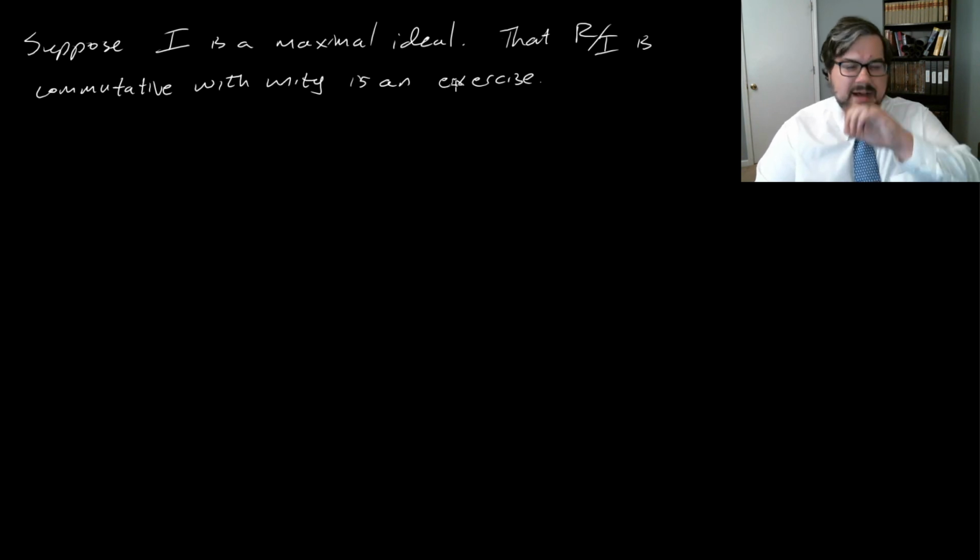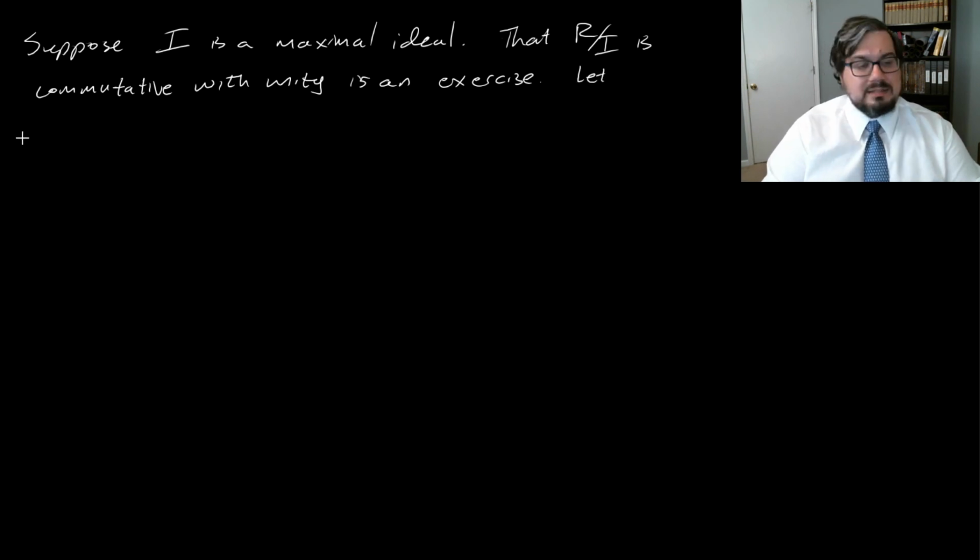And so the only thing that we have left to show is that every non-zero element of R mod I is a unit. So let's let A plus I be a non-zero element of R mod I.